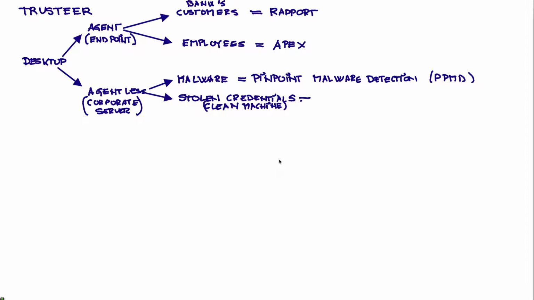That element that protects you against stolen credentials is actually called Pinpoint criminal detection, also known as PPCD. This product was for some time called before ATO, account takeover, but it's now called criminal detection.